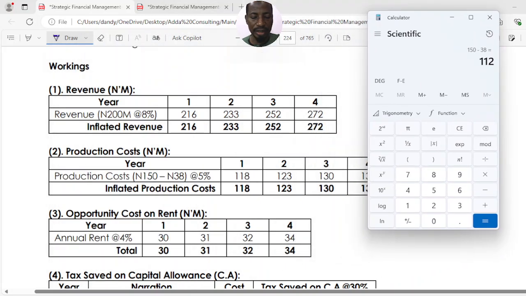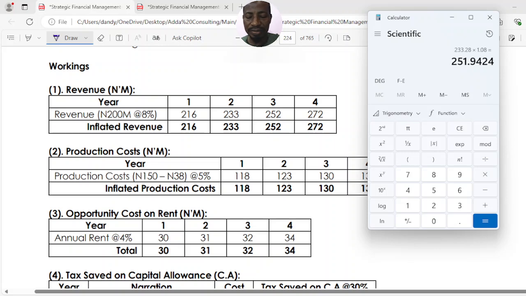The inflation rate is 8%, so 1.08 multiplied by the revenue of 200 million in current value terms gives me 216. That's the 216 you have in the first year. Then multiply by 1.08. That produces 233 in the second year. Multiply by 1.08. That produces 252. That's what you have in year 3.